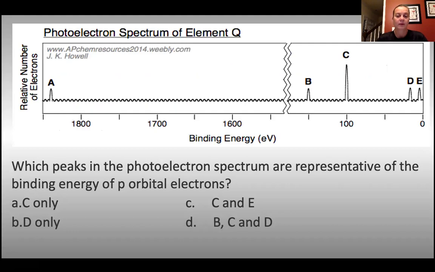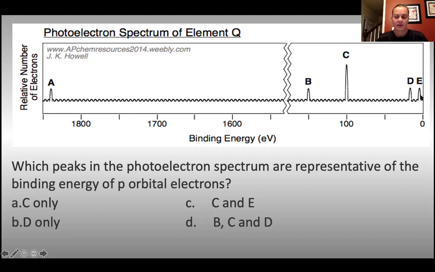Okay, another photoelectron spectrum. We don't know what element this is, but we see a peak here, a peak here. Each of those have the same number of electrons. We see a larger peak. So at this point, we're starting to think, okay, 1s, 2s, 2p. This peak has the same size as peak A and B, so that's going to be another s orbital.